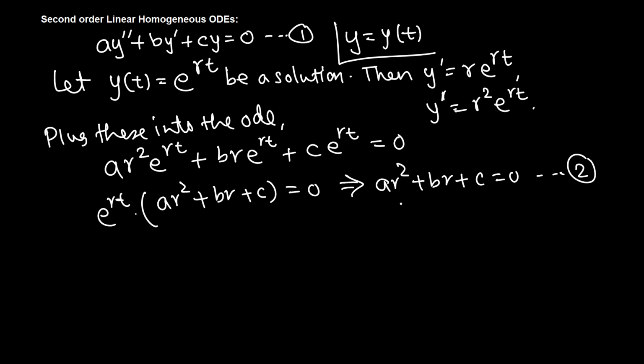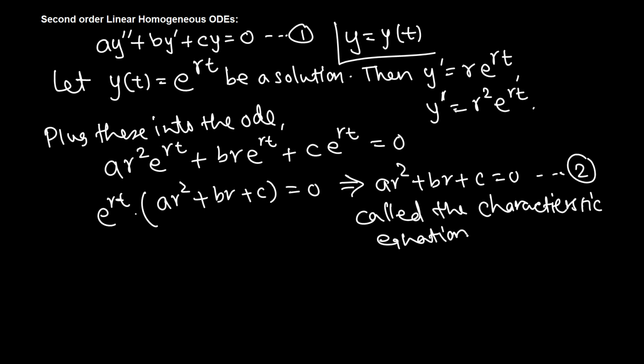This is a degree 2 polynomial, or quadratic equation, in r, and it characterizes the solutions of equation 1. It is called the characteristic equation of ODE 1.